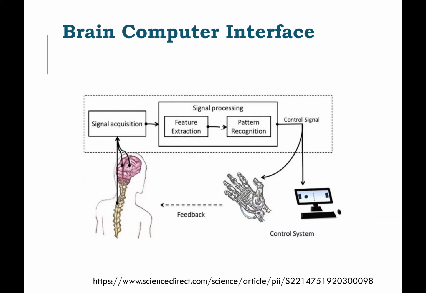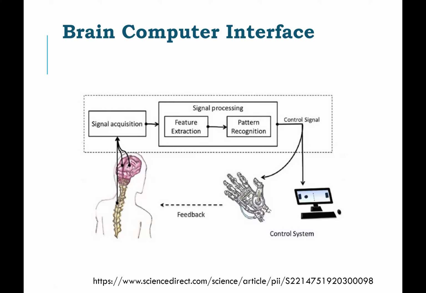The signal processing itself is a complicated process, right? You can't just look at neural activity. You have to ask, what are the features of this neural activity? What patterns are there? And then that pattern recognition says, okay, I think this neural activity means upward movement. This neural activity means rightward movement. And then you create a control signal.